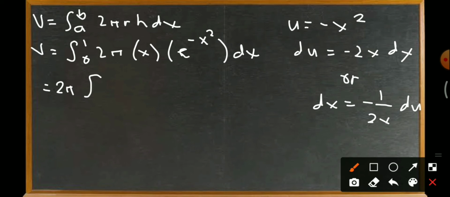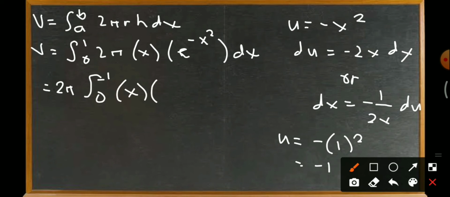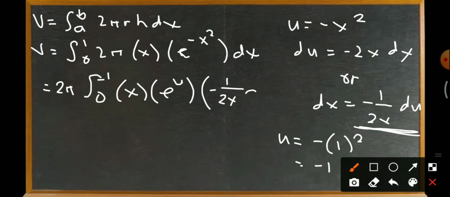And if x is equal to 1, the u will become negative 1 squared, which is equal to negative 1. So 0, negative 1, x times e to the power of u, and dx is equal to this one, negative 1 over 2x du.